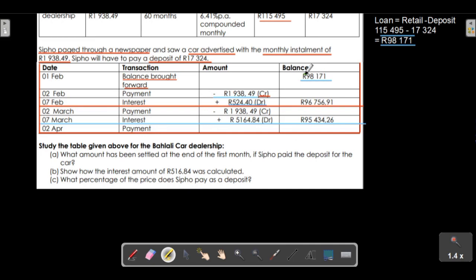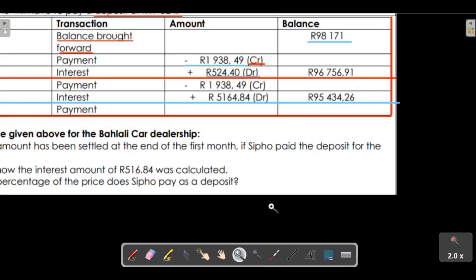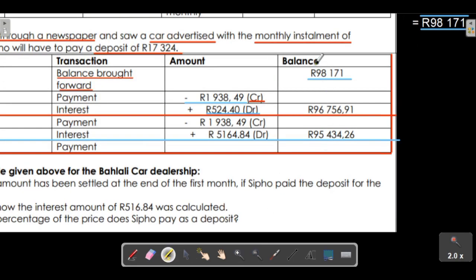To make things easy, look at it this way. He has an opening balance of 98,171, and he has a closing balance of 96,756. The closing balance is when he has paid all his expenses for that particular month.